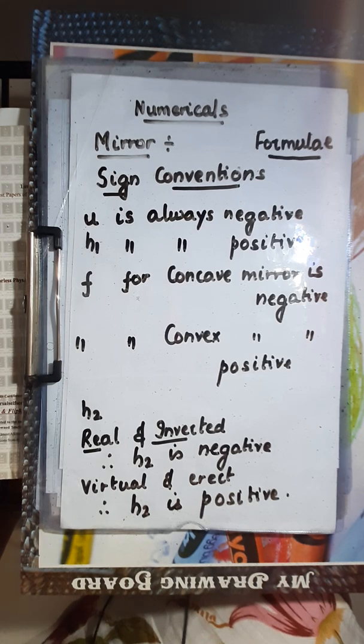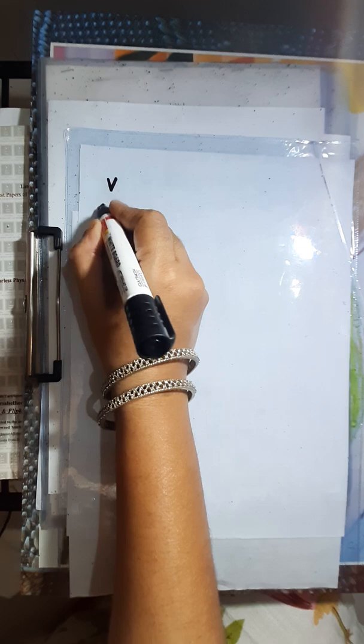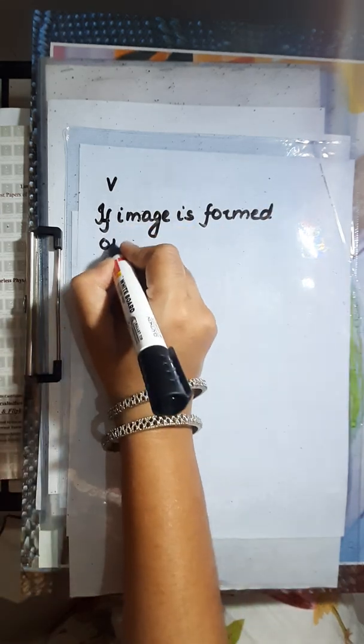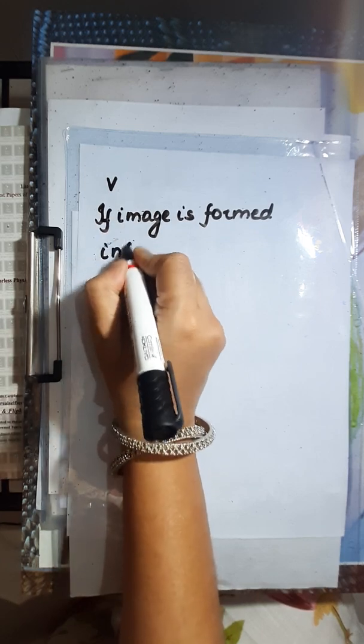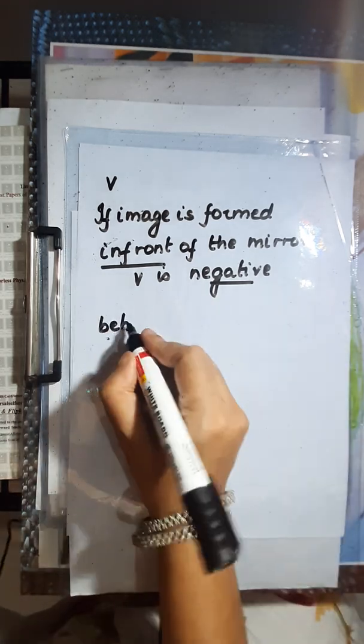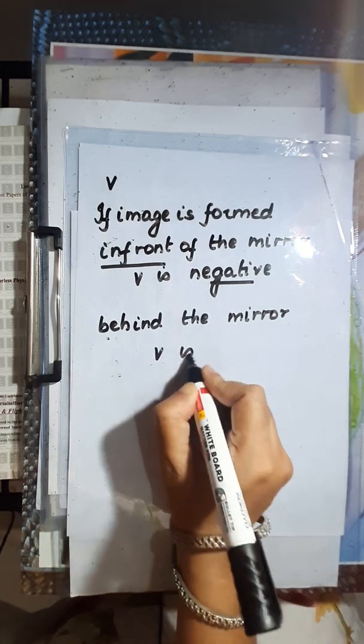Now, what about v? If the image is formed in front of the mirror, v is negative, and behind the mirror means it's formed on the right hand side, v is positive.